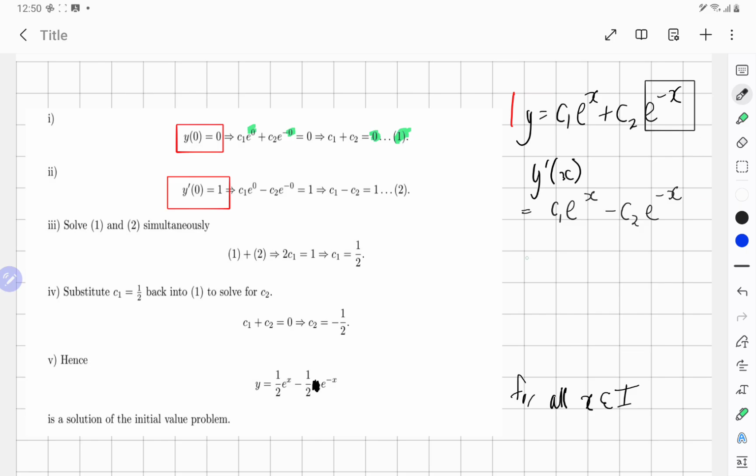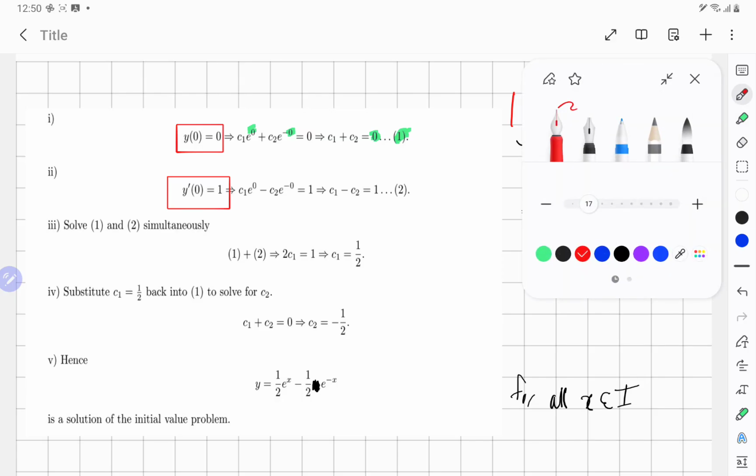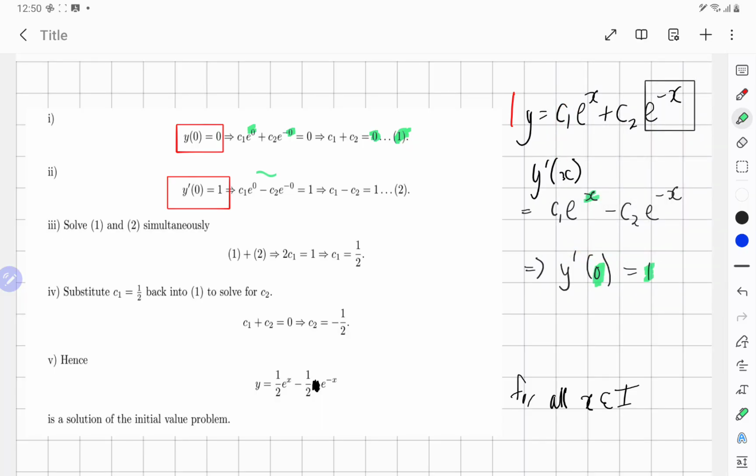So that's very important, like I said, your derivatives. Now they said y dash of 0 is 1. In other words, we're going to substitute x equal to 0 in our derivative and equate it to 1. So I get my second equation.